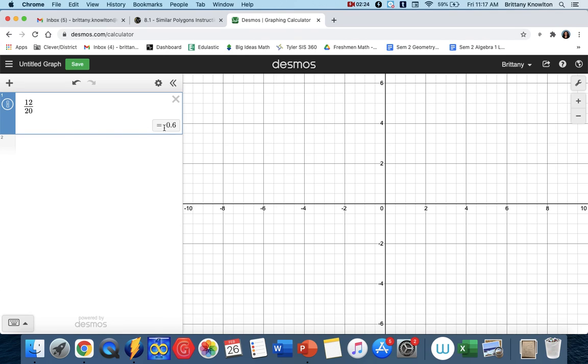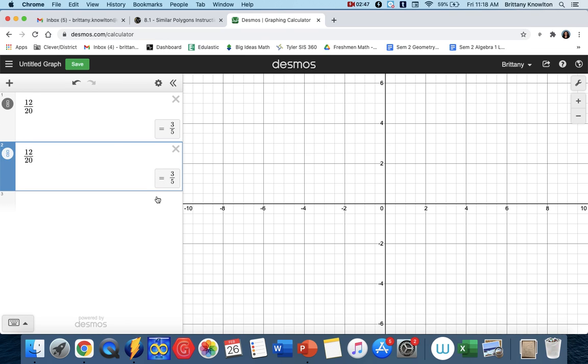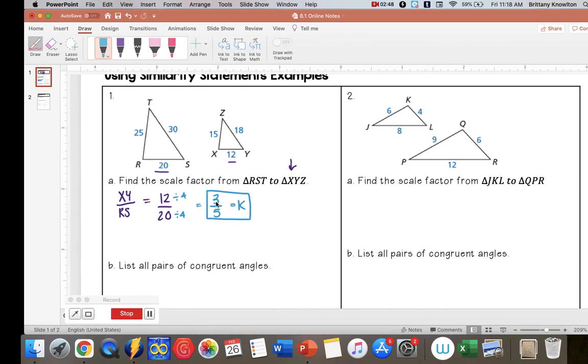Right now it gives you a decimal, but if you click on this fraction button right here, it automatically reduces it for you. You could also use the keyboard here and hit the division bar, and it will also make that into a fraction for you. So 12, 20, hit the fraction button, and it'll do that for you.